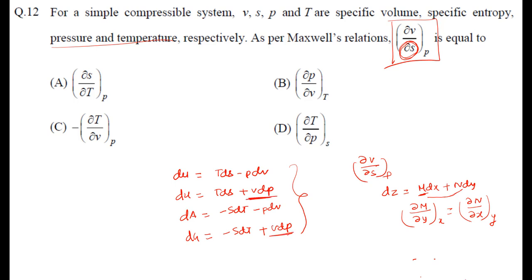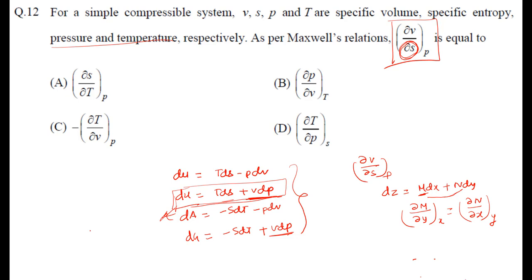But in the next case it has been divided by delta S, so where is delta S? Here is the dS. So from here you can assume that the only equation which will be used here is this one. So we will use this equation.